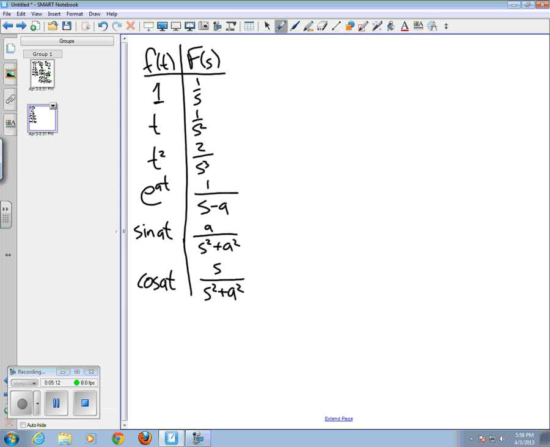And let's start off with the fact that the inverse Laplace transform is a linear transform, just like the Laplace transform. That means basically that it, quote, distributes across plus signs and passes through constants. So I could do something like this.